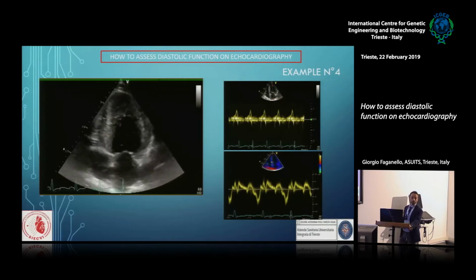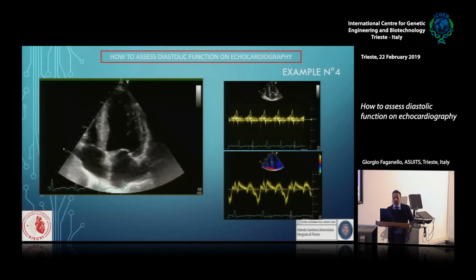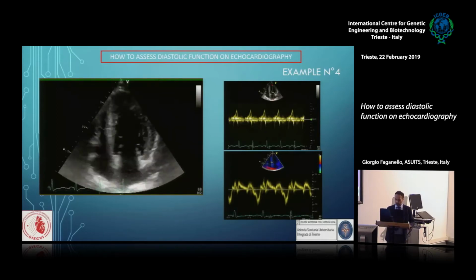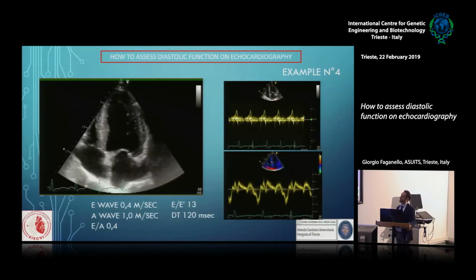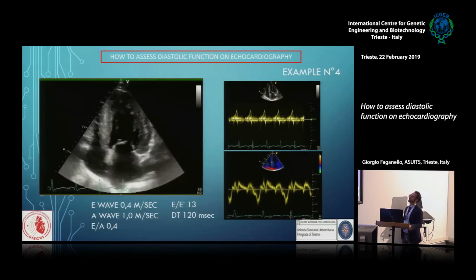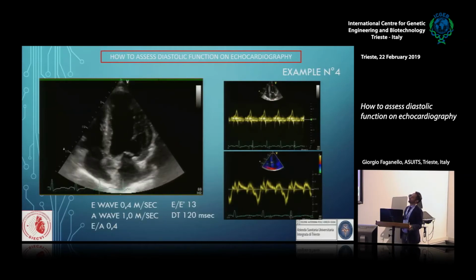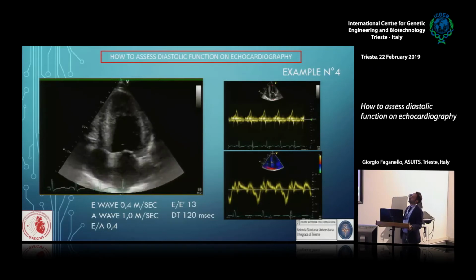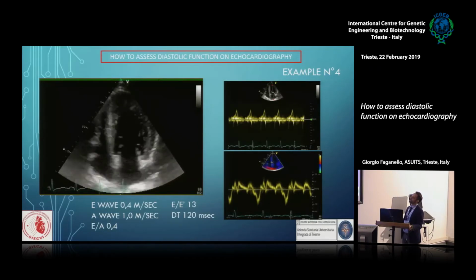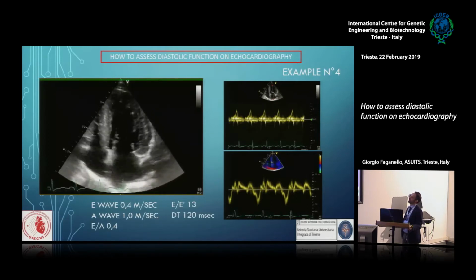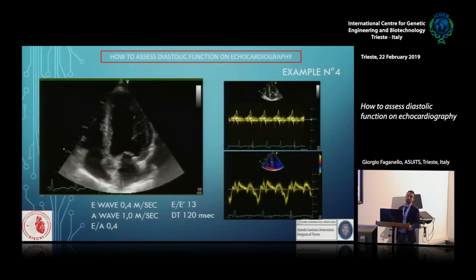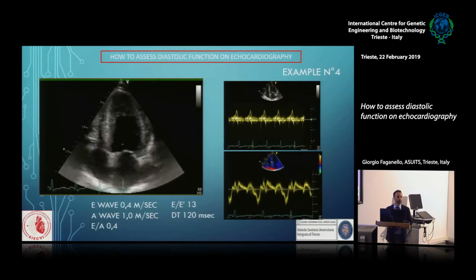I tried to force it, to get my numbers, and I found 0.4 E wave, 1.0 A wave, so the ratio is 0.4, and the deceleration time 120, where the E over E prime is 13, which is in the gray area.